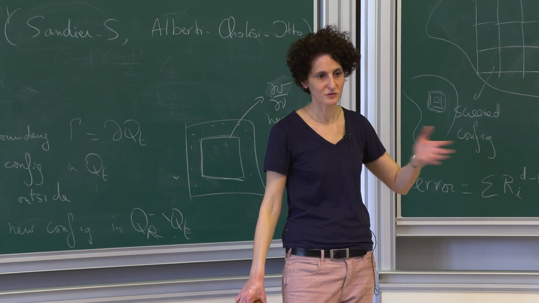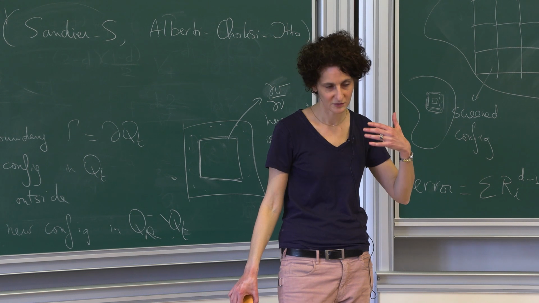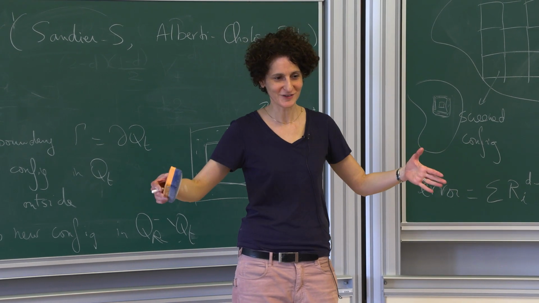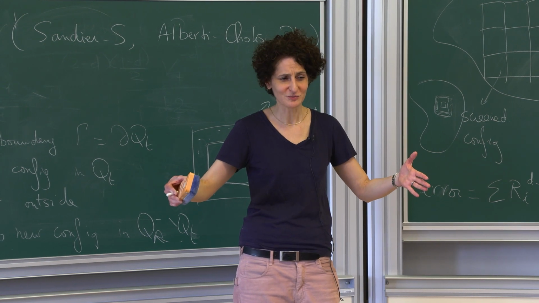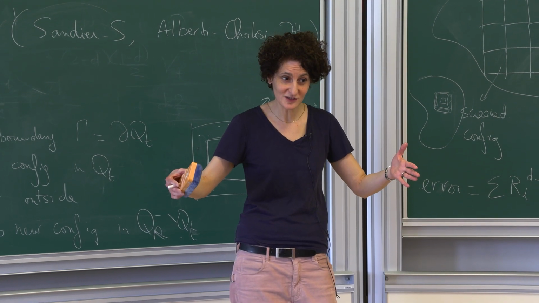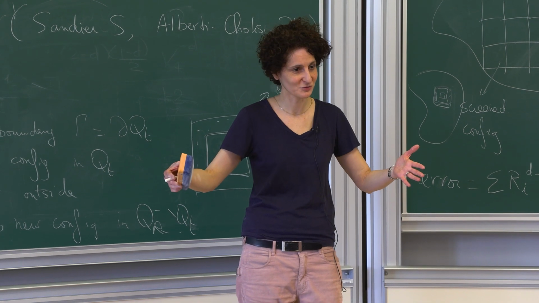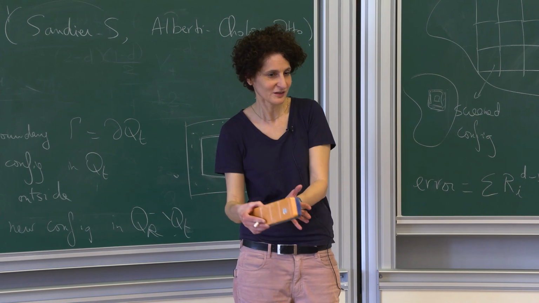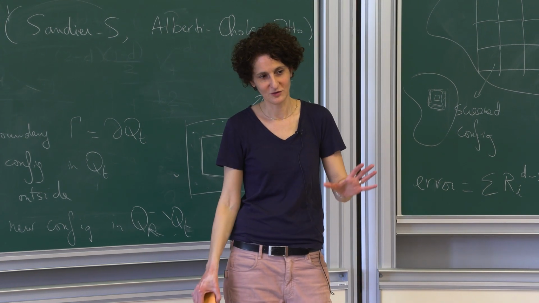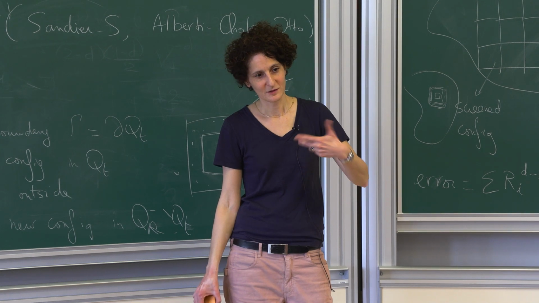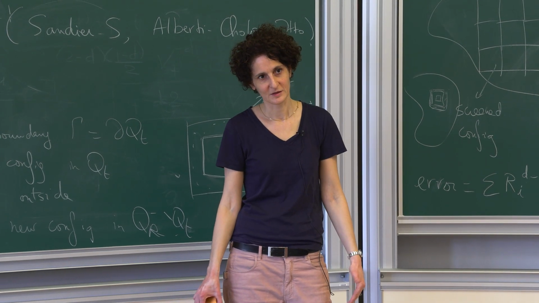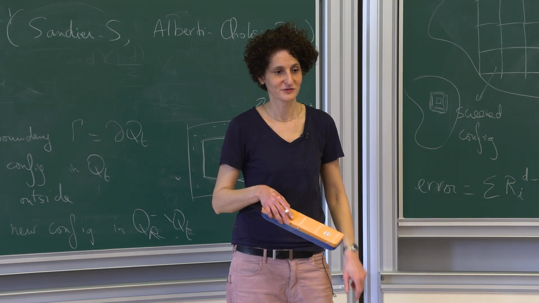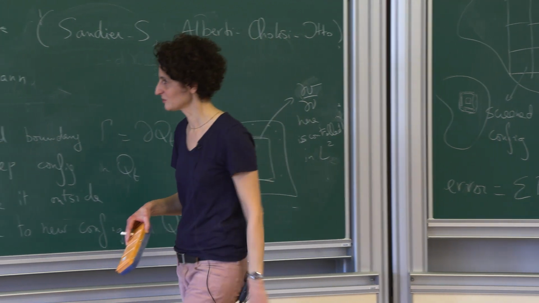At each layer, you throw away configurations, but their probability is really very small, because it's small in the scale of their size. So originally, what you throw away has probability e to the minus n. So it's really extremely small. Then when you go down, you get e to the minus r. It's a bit less small, right? But you have less and less precision. But you also gain precision from what you learned from your previous scale. So let me try to get maybe into some details of that.